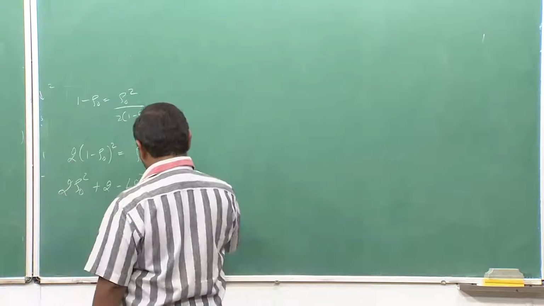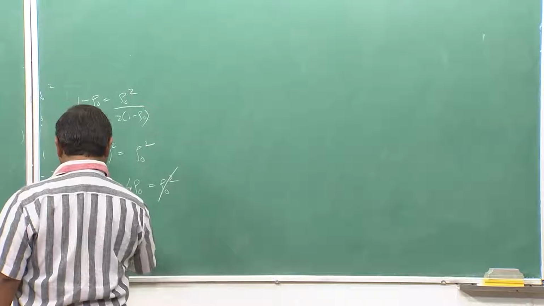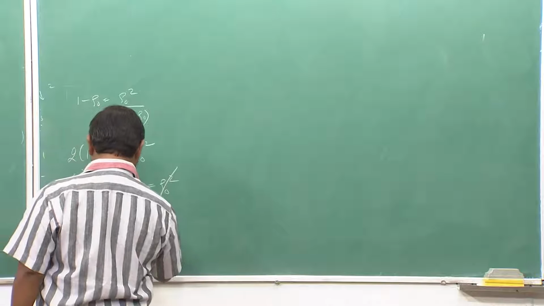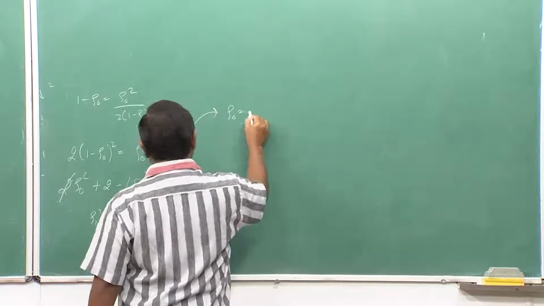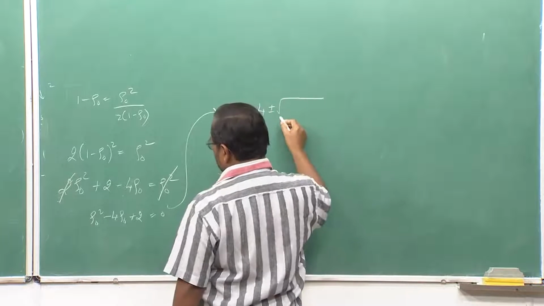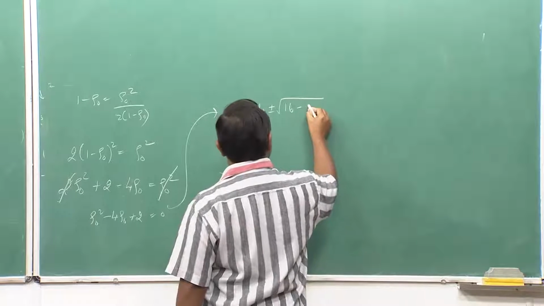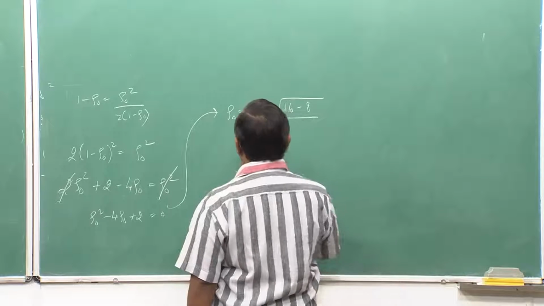So this one goes out with this. So you have rho naught square minus 4 rho naught plus 2 is equal to 0. So this will give you rho naught equal to 4 plus or minus root 16 minus 8, by 2.